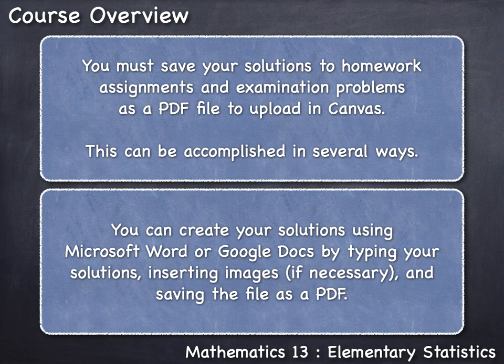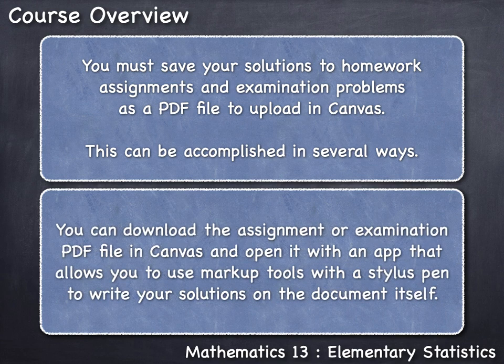You can do this by going to the File menu and selecting Save As and choose the PDF option. Or you can do it by going to the File Print menu and then print it as a PDF file.